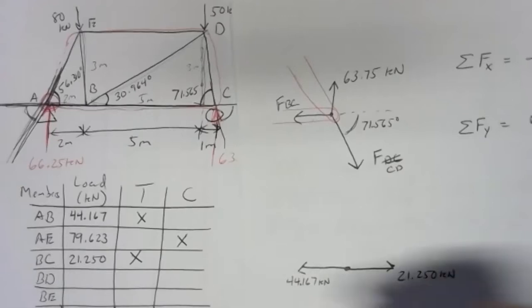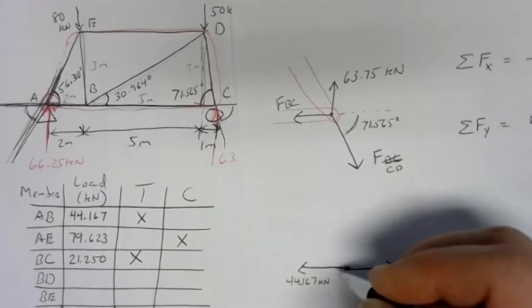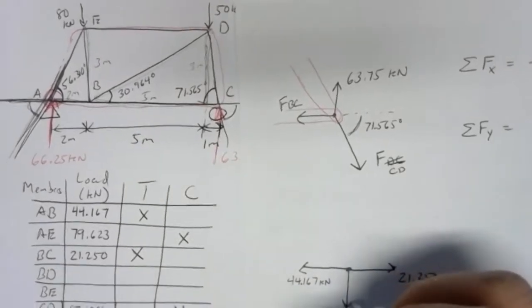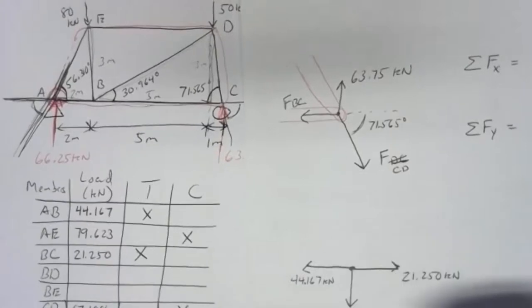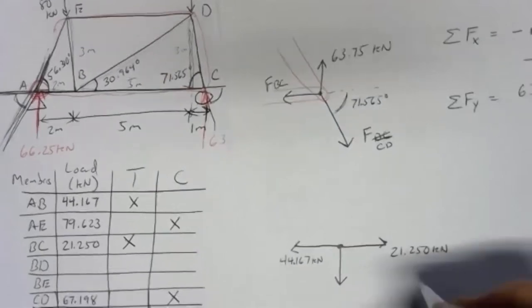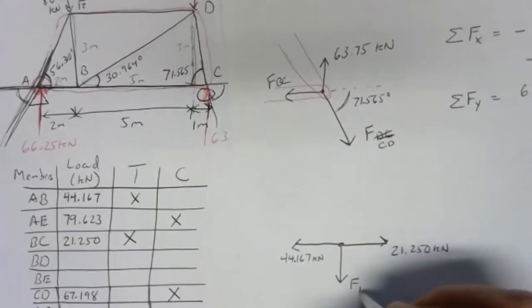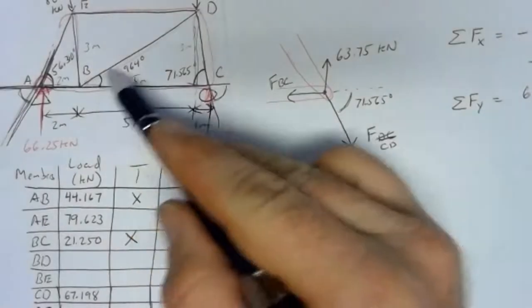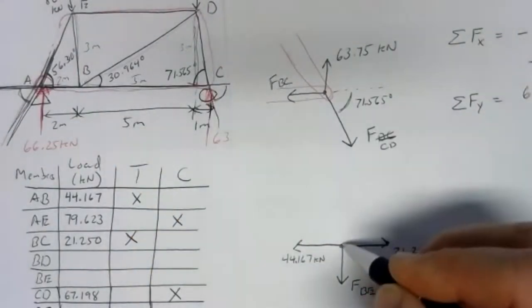And I'm going to make the guess that member BE is going to push down. That's completely a guess. I'm just 50-50 in it here. I'm going to assume member BE pushes down. So that's the force due to member BE. Then the only reasonable assumption for me to make is that BD pulls up and to the right.